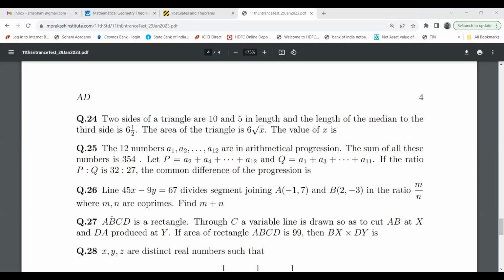So the section formula says x coordinate will be nothing but m into the x coordinate 2m, then n into the x coordinate of a minus n upon m plus n. Y will be similarly m into the y coordinate of minus 3 and n into the y coordinate of 7.